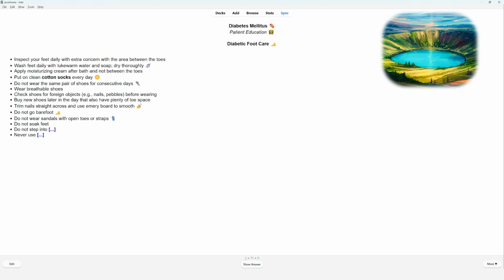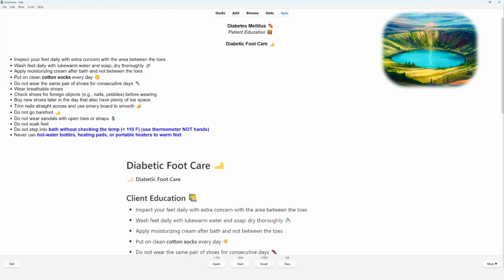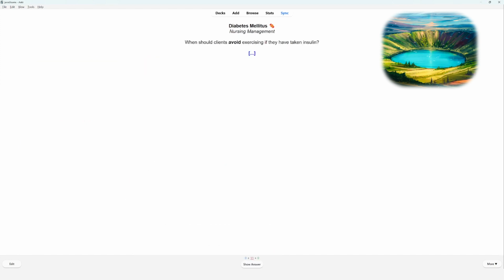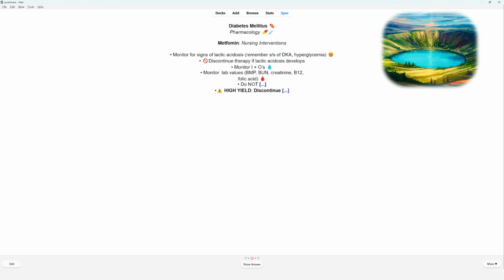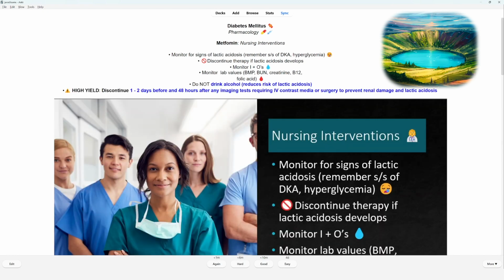And never use any sort of hot water bottle, heating pad, or portable heaters. Don't avoid exercise within 1 hour of taking insulin or during peak action time. So don't drink alcohol on metformin, and discontinue 48 hours before any imaging tests or surgery, especially with contrast media.